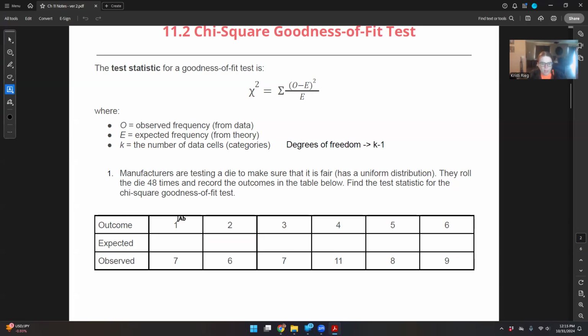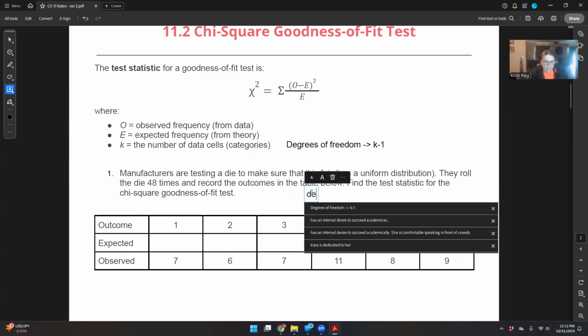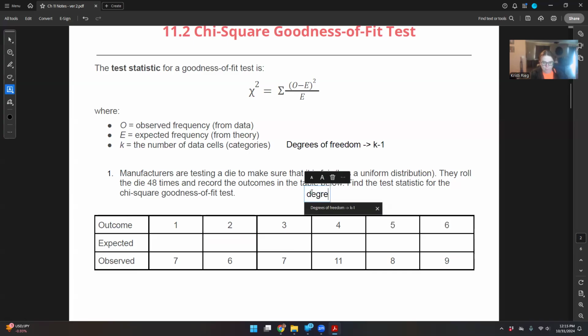There are 1, 2, 3, 4, 5, 6 different categories. So for this problem, before we even start, the degrees of freedom is going to be K minus 1, 6 minus 1, which equals 5.